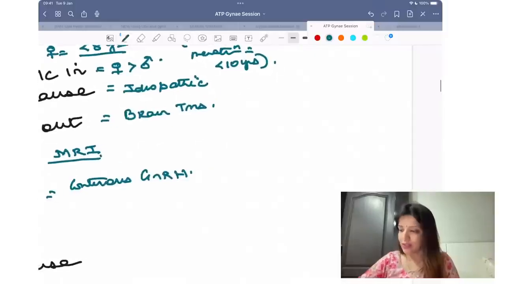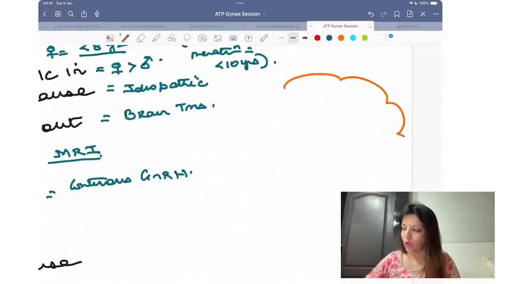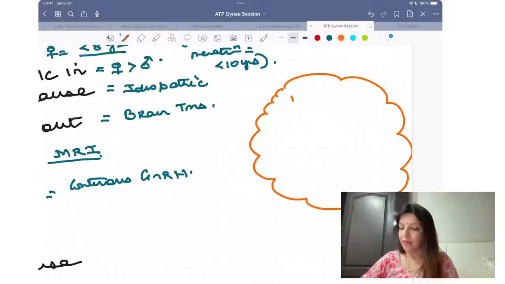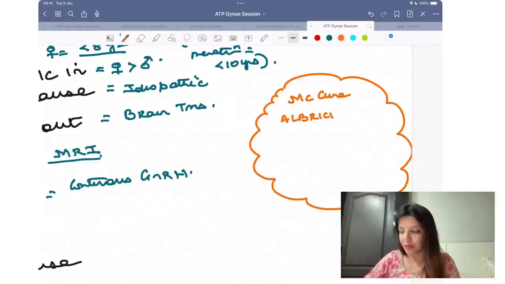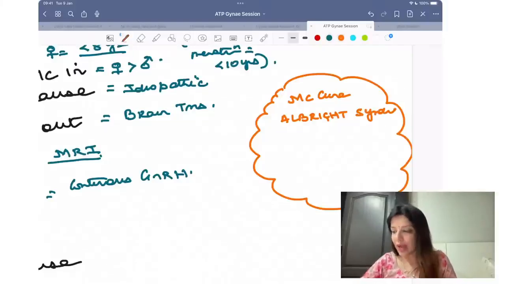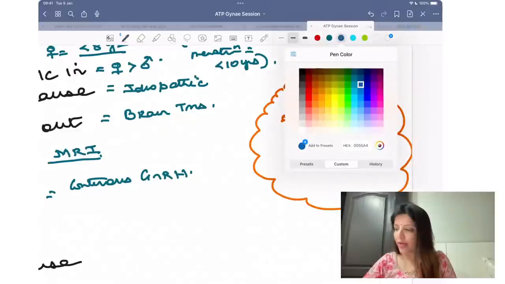Now, there is one syndrome which I want all of you to know. So, what is that syndrome which leads to precocious puberty? McCune-Albright syndrome. In McCune-Albright syndrome, what do you get?